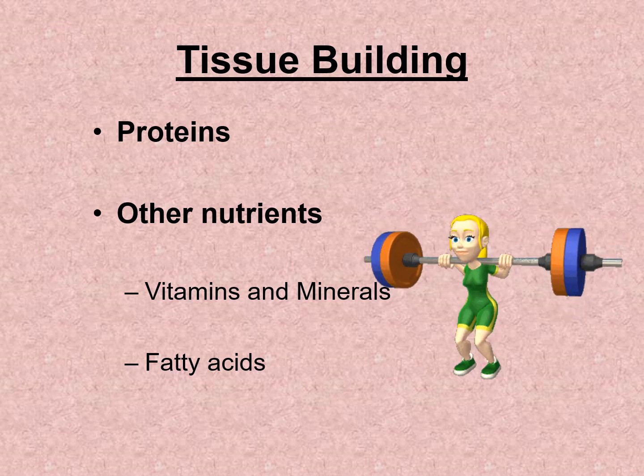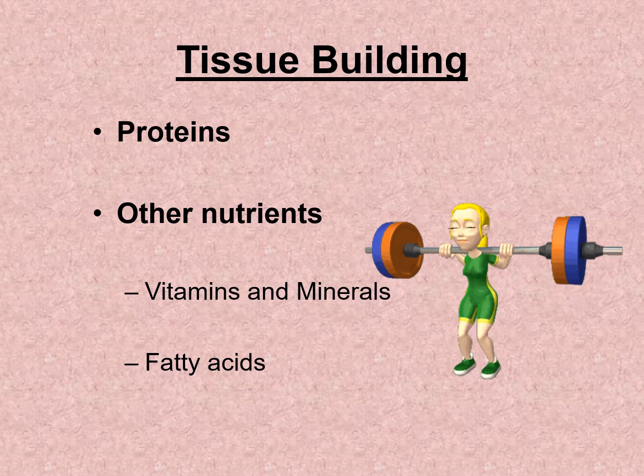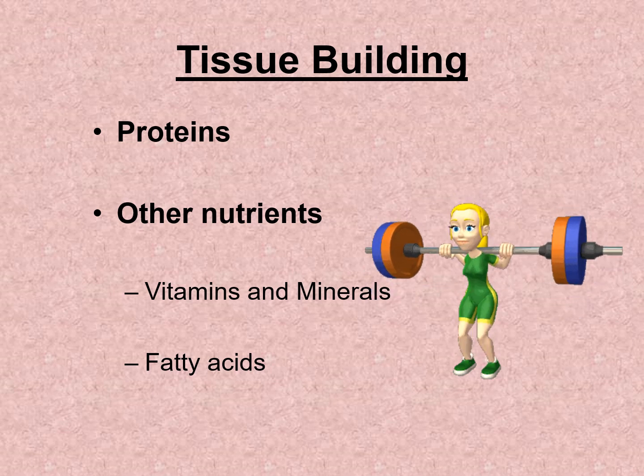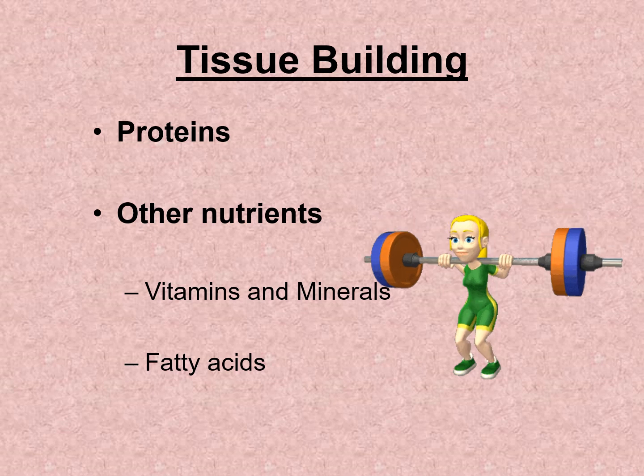Vitamin C is another tissue builder. It helps prevent bleeding, and helps us form collagen. That is a structural unit that keeps our body structure, and you can tell when people lose collagen because they start getting wrinkles.